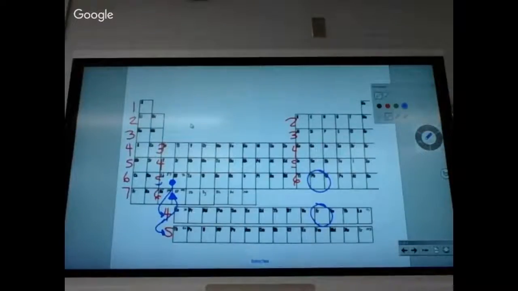Wrong number right there. What number sits from that? Oh, and that tiny little mistake will cost you the whole question. They're fine.